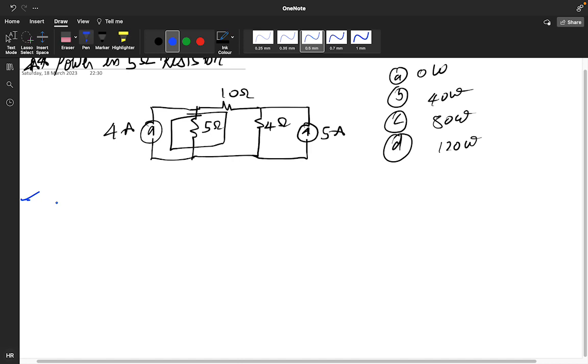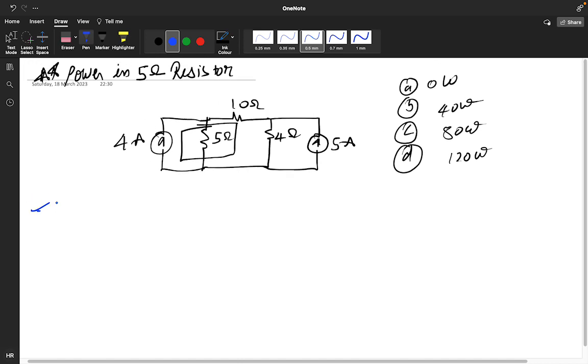Okay. So suppose this is my load, since they are asking about the 5 ohm resistor. So if this is my load, then what I will do?